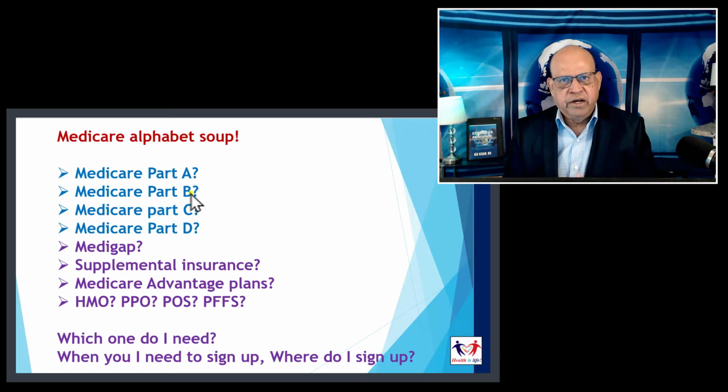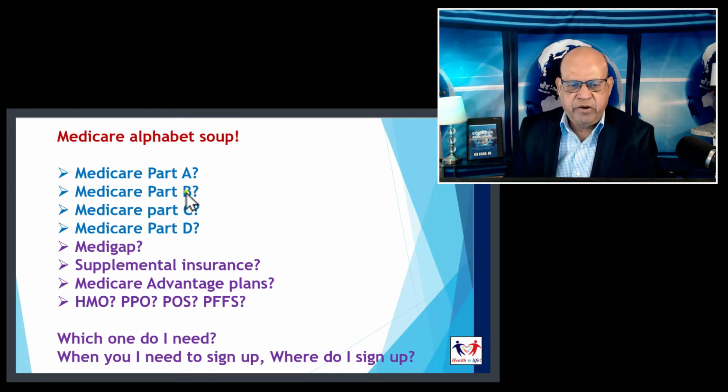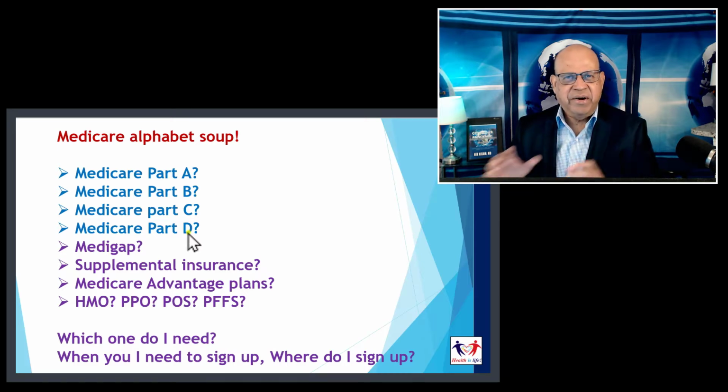Part C is the new form of Medicare service, which incorporates Part A, Part B, and Part D. We didn't even talk about Part D, so we're going to talk about Part D now. Part D is the prescription plan, which is part of the Medicare system.